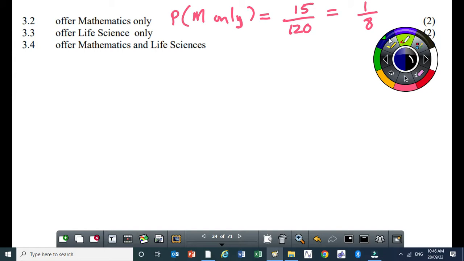All right, I need to emphasize this, and I've said it. Please, probabilities don't have to be converted to a percentage. Okay? Remember, my first lesson, when I first introduced theoretical probability, I told you that probability lies between 0 and 1. If you convert 0 and 1 to a percentage, you get 0% and 100%.